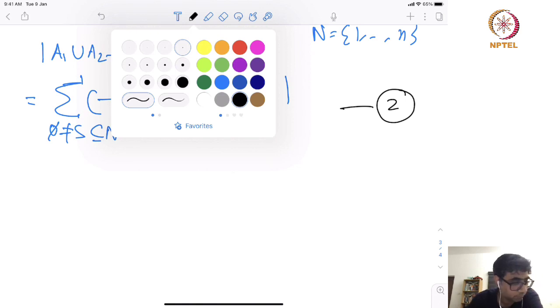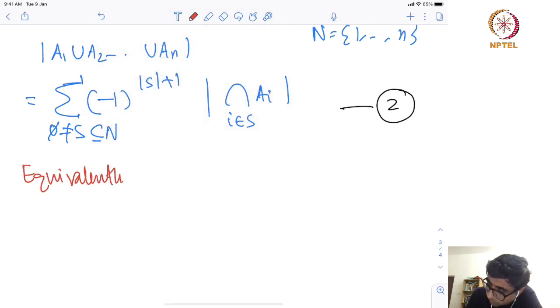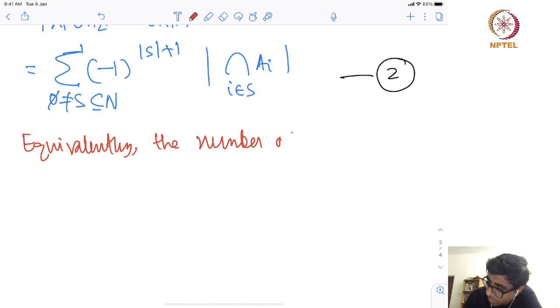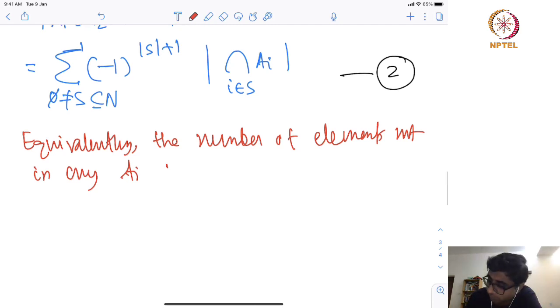Equivalently, we can say the number of elements not in any A_i is what?